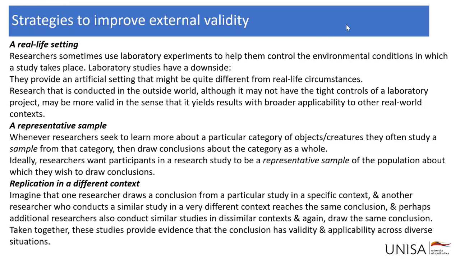Otherwise, if you don't do any of those, you will have internal validity threats on your research and external validity threats on your research as part of the consideration. None of these things means your research is wrong. It's just for you to understand what those factors are as you deal with them.